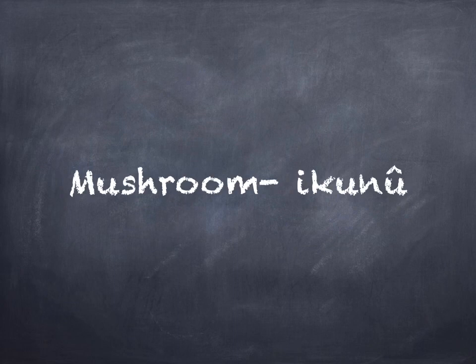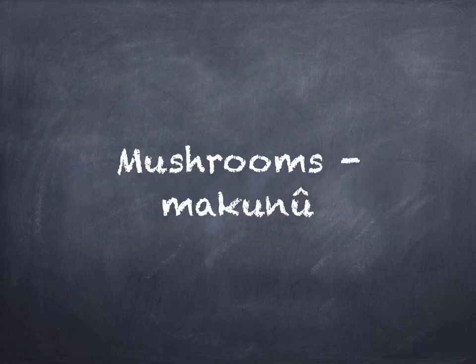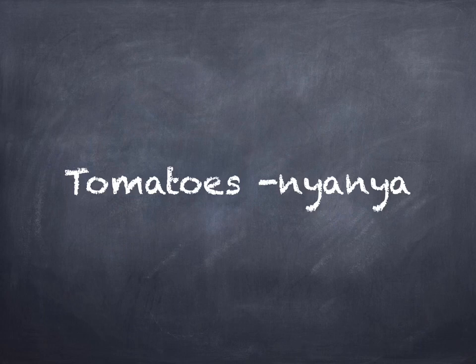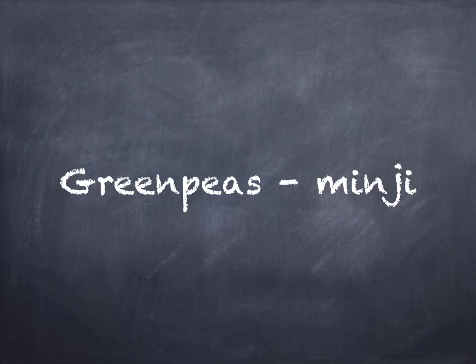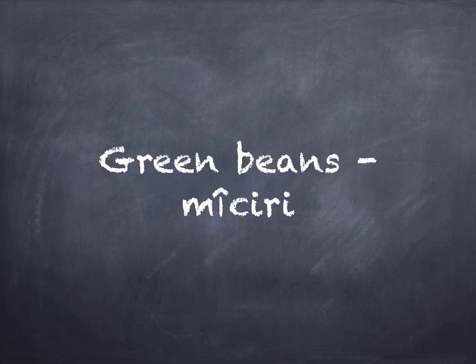Mushroom known as ikuno, and makuno for the plural. Tomatoes are known as nyanya. The green peas known as miji, while the green beans are known as mesiri.